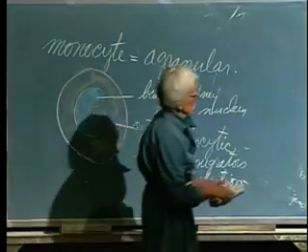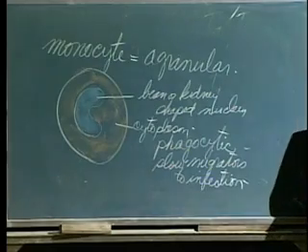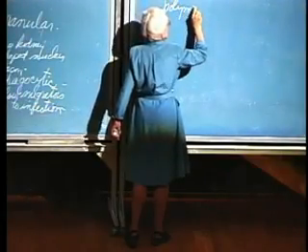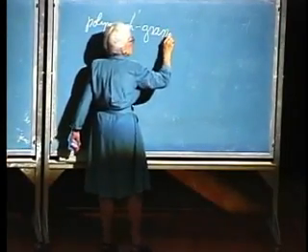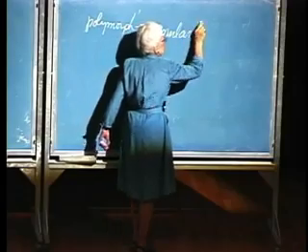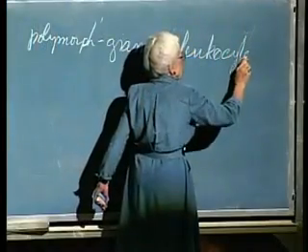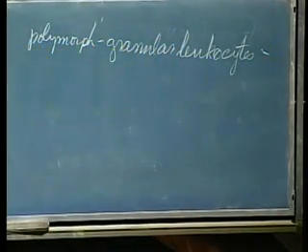Let's start with our polymorph granular leukocytes. Polymorph granular leukocytes. And start with the neutrophil that likes neutral dyes. Neutrophil.